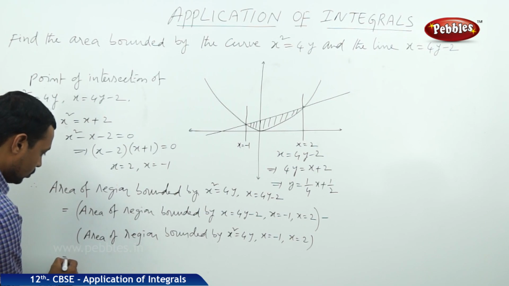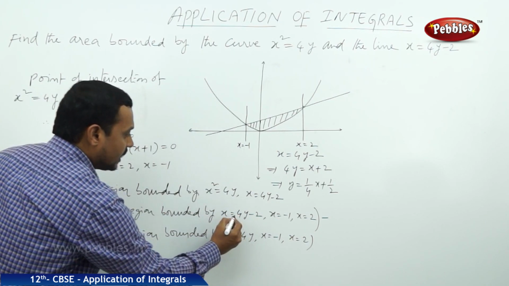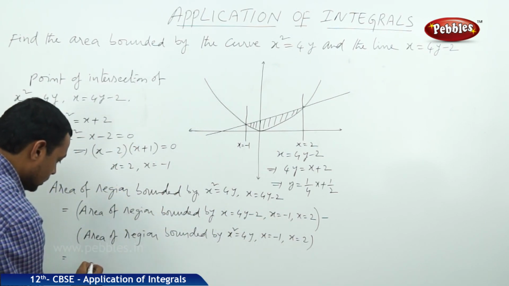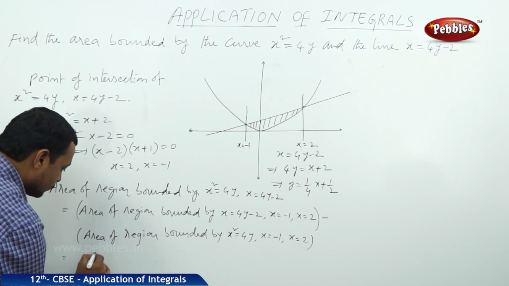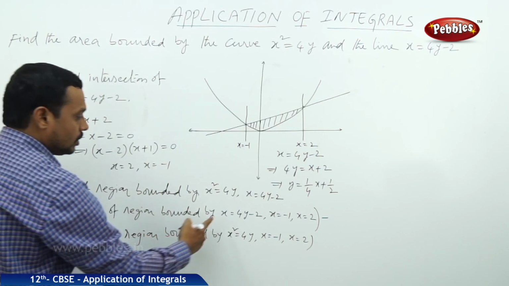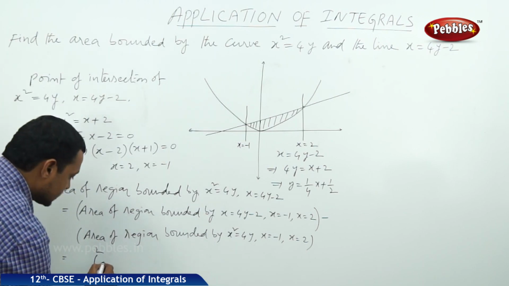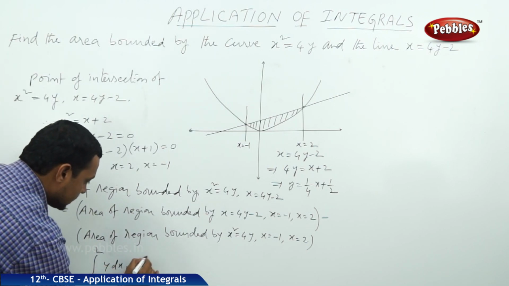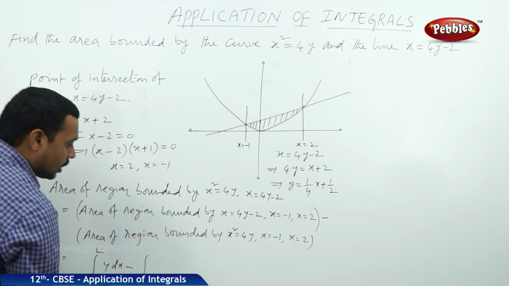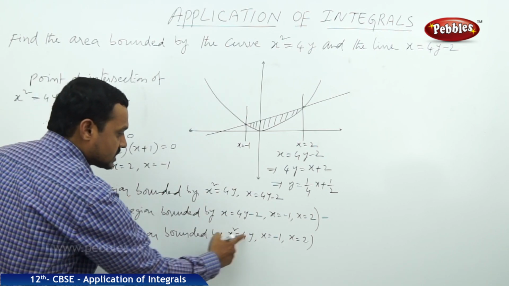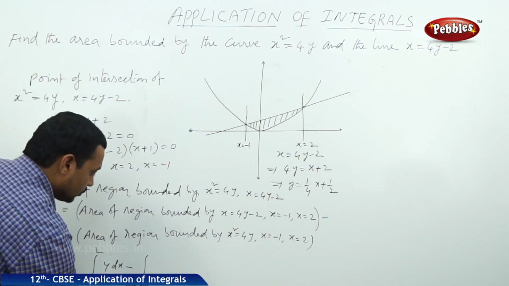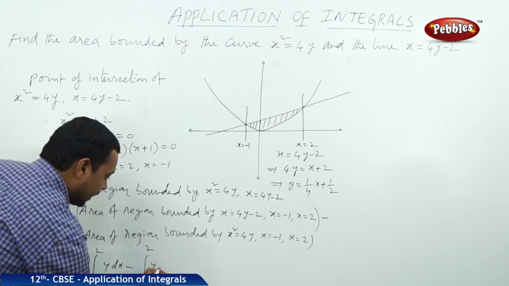That is equal to, now the area of the region bounded by the line between the limits, that is integral -1 to 2 y dx, minus the integral, now the area of the region bounded by this curve under the limits -1 to 2, that is integral -1 to 2 y dx.